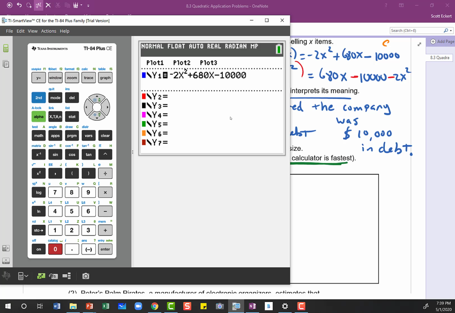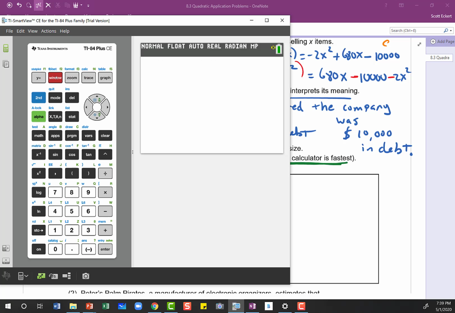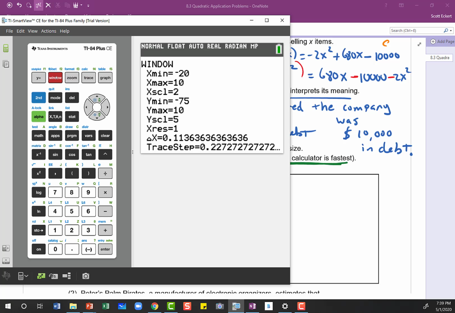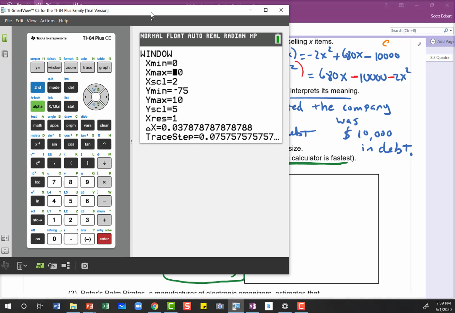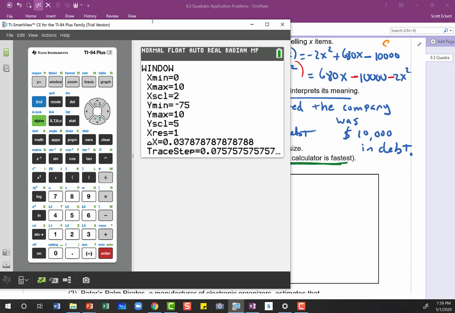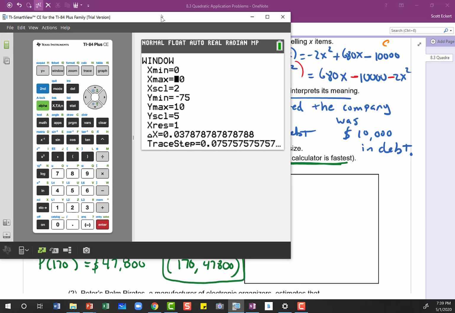Now the window, to see the graph. We have several clues that are going to help with this window. First of all, x means computers. How many computers are we working with? Now, this window before started at negative 20, but that doesn't make sense. We can't make negative computers. But also, we found the vertex.